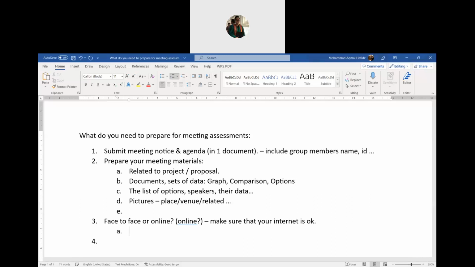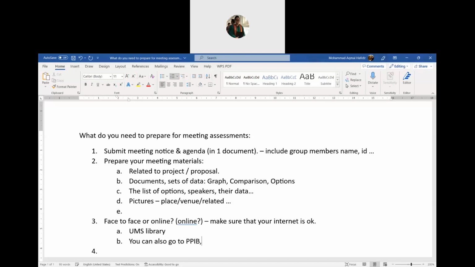Considering the place, I'm not sure if it's okay there, because previously there were some students who went there, but the internet was not really that good. Maybe in some areas it's good, but in some other sections not really. But you need to find a place that has good internet. You can also go to PPIB.